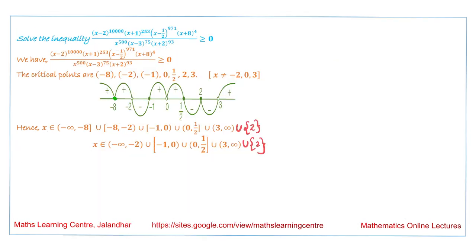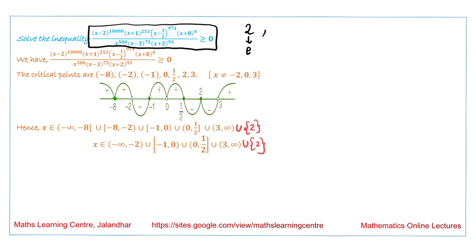Now the next question we have is to solve this inequality, and if we look at these terms over here, the critical points we have are x equal to 2 corresponding to this first term, and the power it has is even.